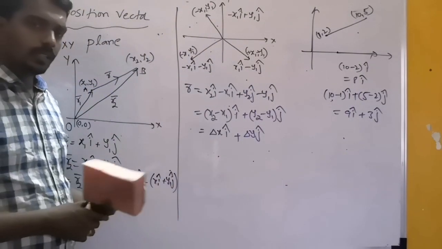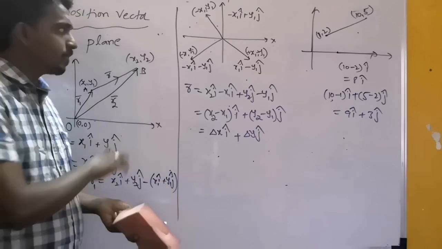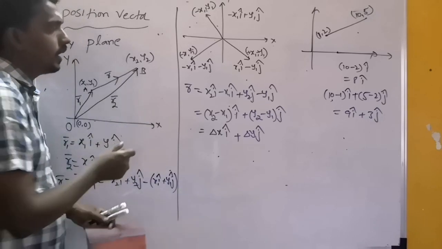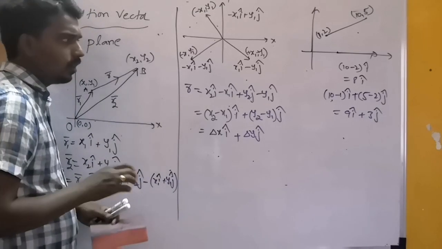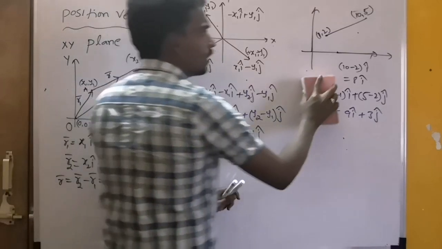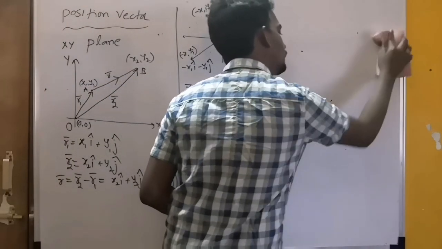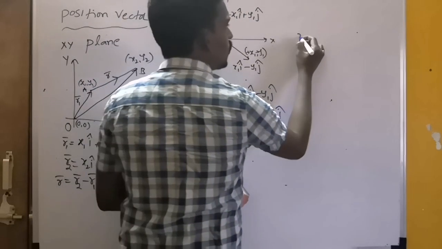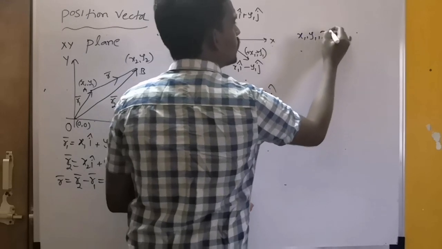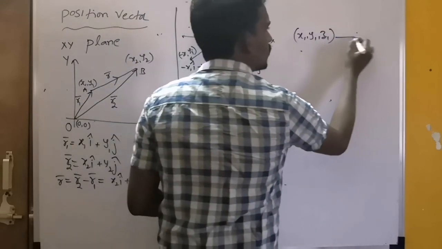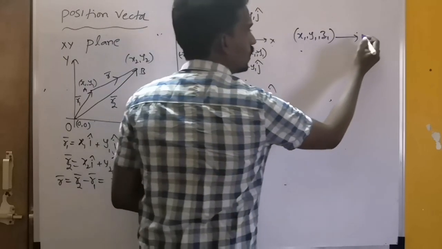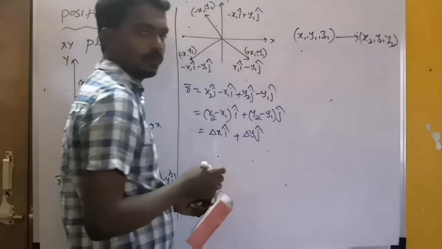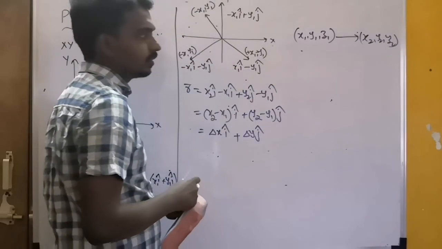So this way the displacement vector in a plane or in space depends on its coordinates. So in general what I will conclude is, you take a particle at a location whose coordinates are x1, y1, z1. Now the position changed to another one whose coordinates are x2, y2, z2. 3 dimension I have taken.